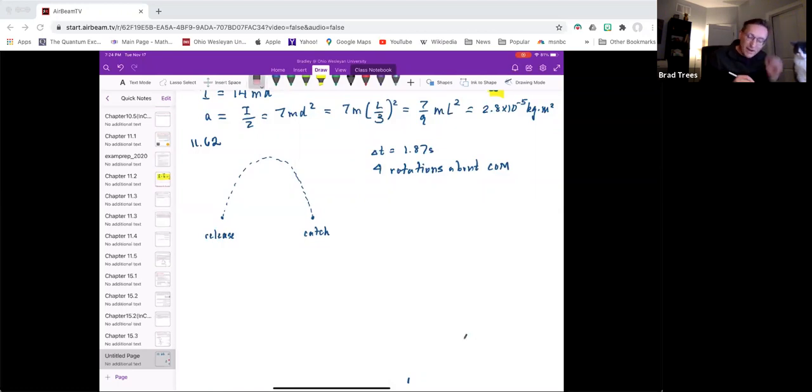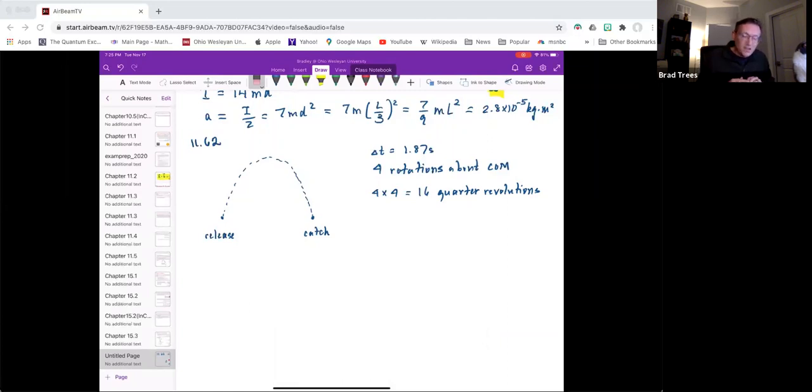Let's think about how many quarters that is altogether. That's 4 times 4. That's 16 quarter revolutions. I just think it might be convenient to think of it that way. Okay, there's 16 quarter revolutions since he does 4 rotations.